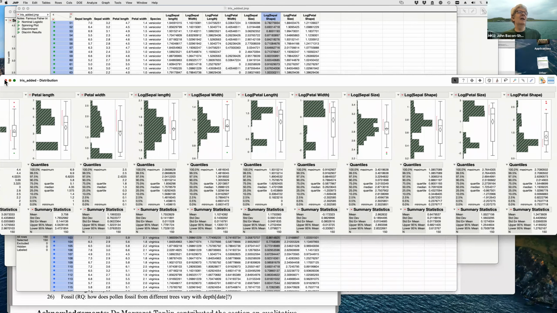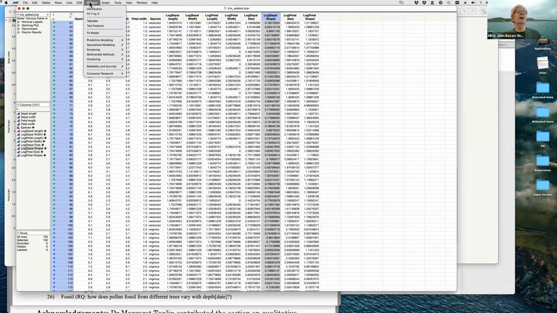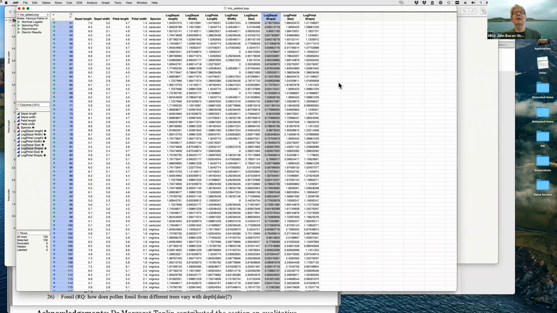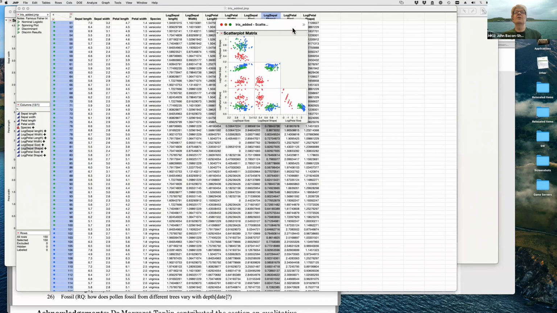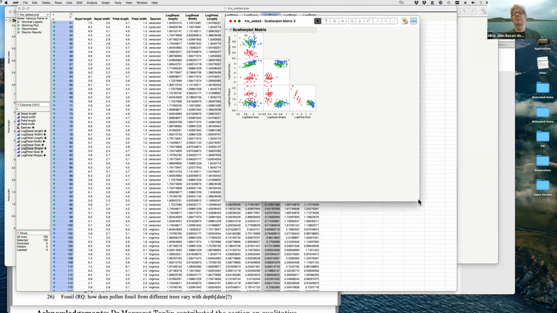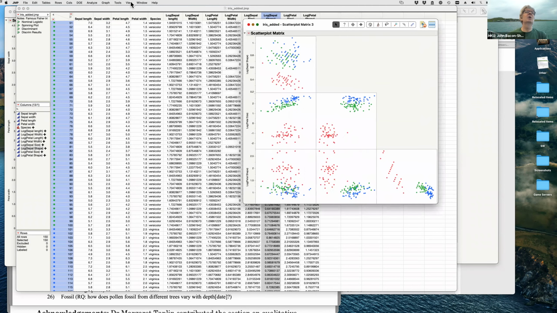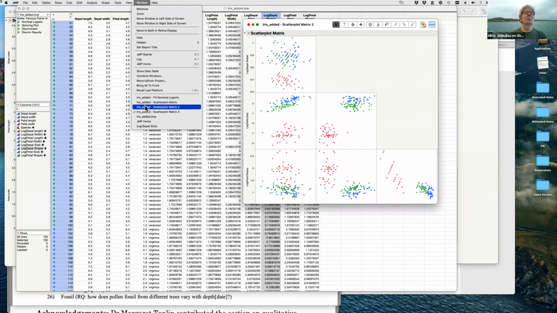The main thing is I want to understand what happens when I graph my size and shape. Does the size and shape help me to understand better what's going on in terms of my species?